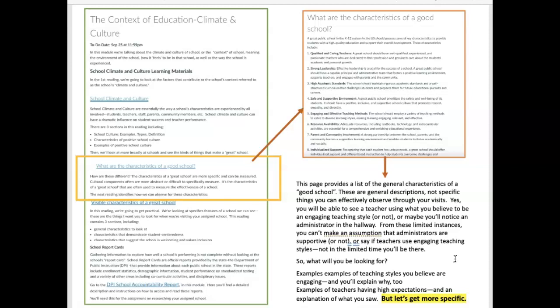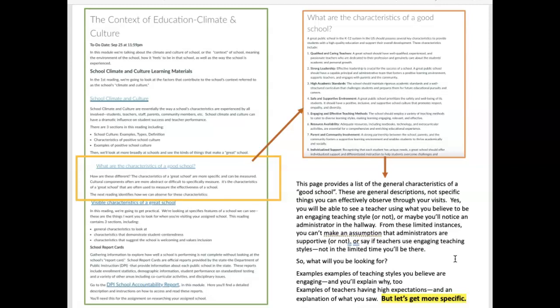And I think that once you get into the classroom, and those of you who are already in the classroom, you'll really be able to pull out examples of when teachers are using teaching styles that help students get involved with their learning versus those where students are being passive recipients for the information, like you're being right now.